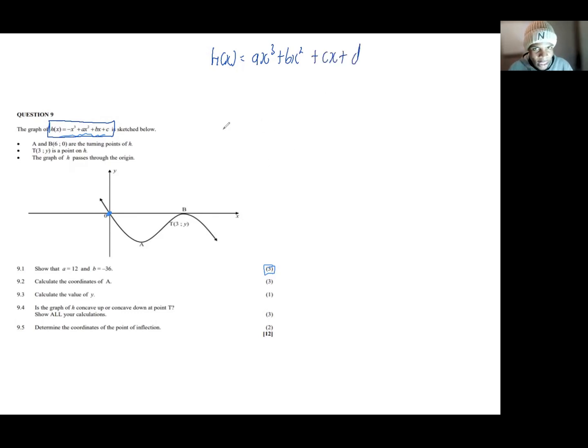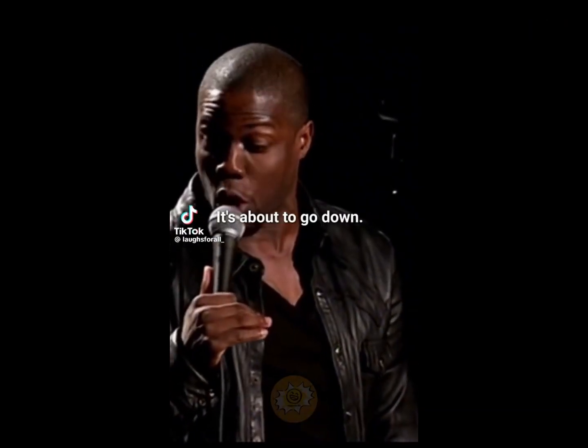So what they did here is that they shifted the a value, and then they shifted the b value, and then what was supposed to be on the b value went to c, and what was supposed to be d is now c. So you can see what they tried to do here, they tried to confuse us, but now we can see their tricks.